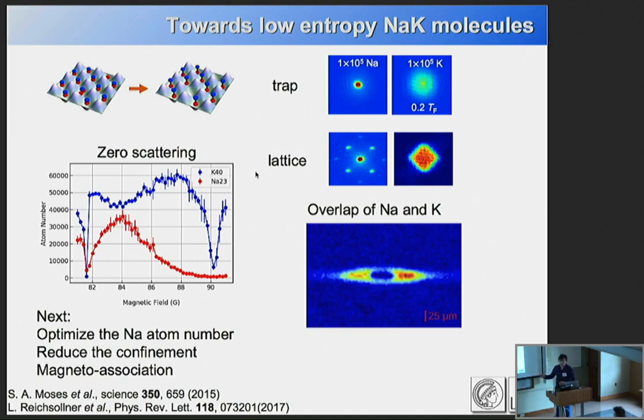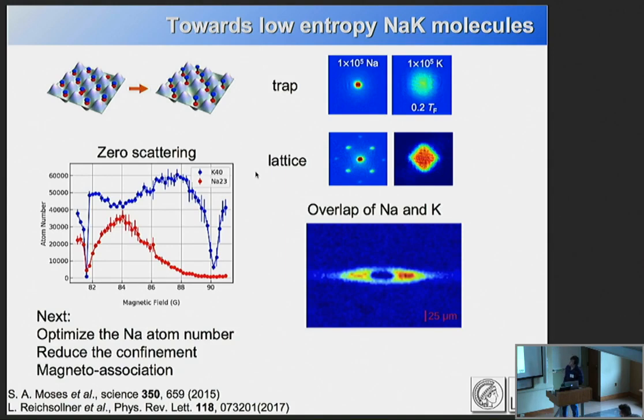You get perfect association efficiency of the Feshbach molecules. No one has demonstrated this scheme for sodium potassium yet, so we are making progress towards low entropy NaK molecules in the lattice.